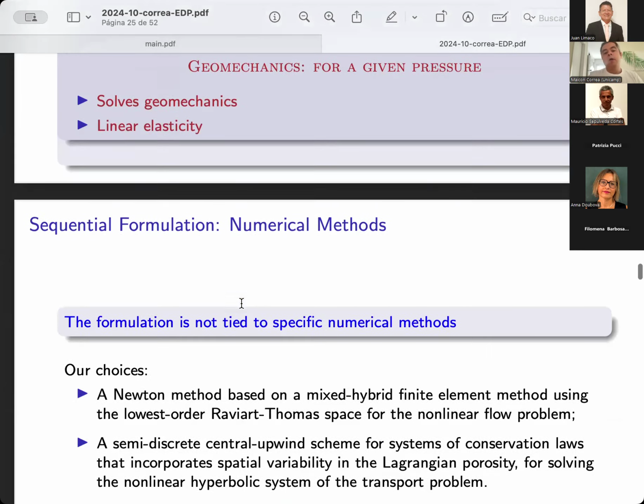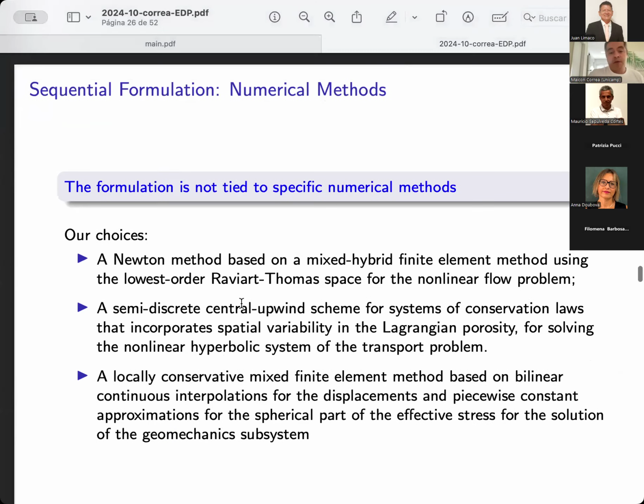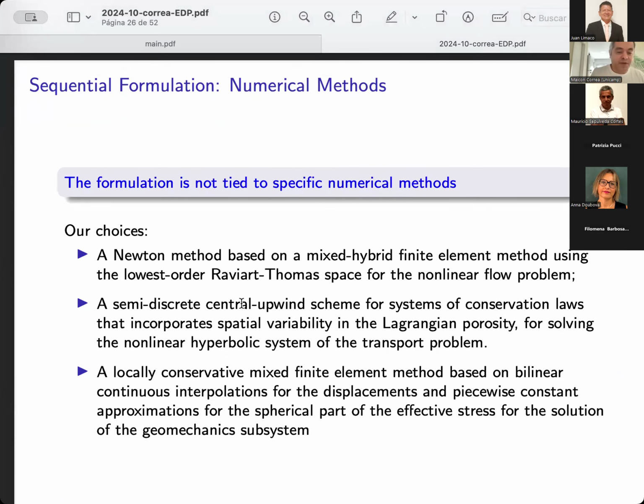Good. So talking about the numerical methods, that's the title of this talk. The formulation is not tied to a specific numerical method, so I'm just showing you our choice. For the flow, we are using a Newton method based on a mixed hybrid finite element formulation.